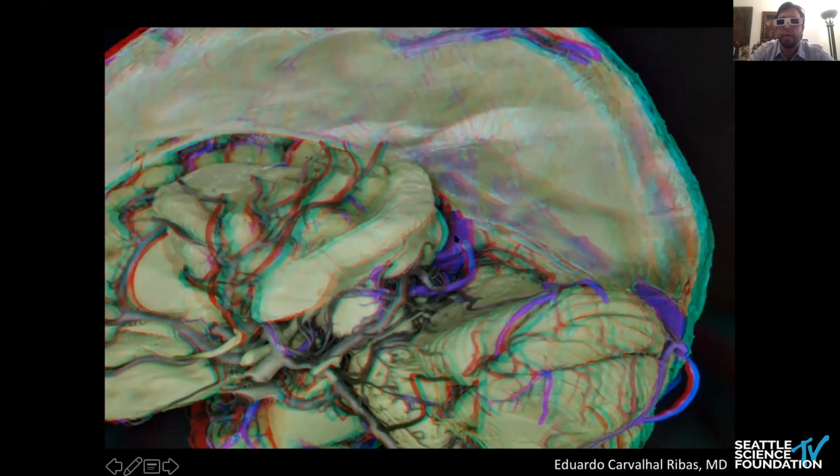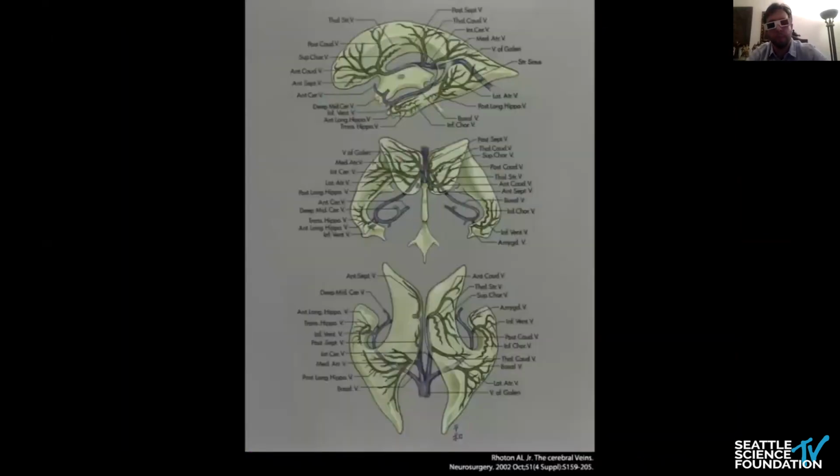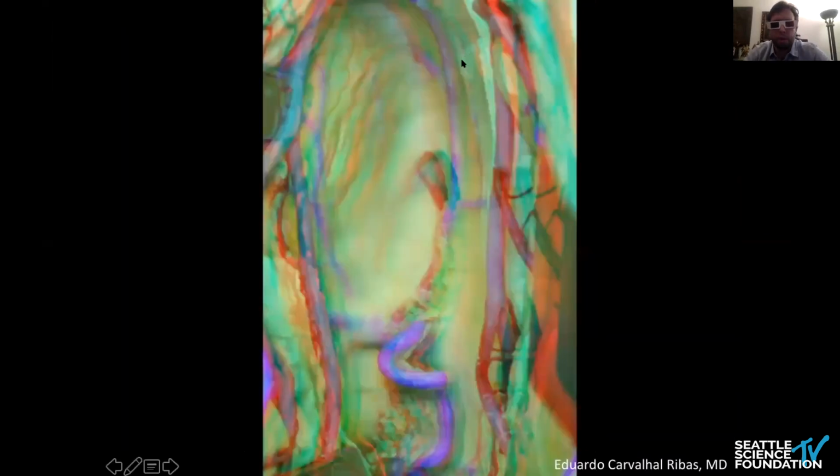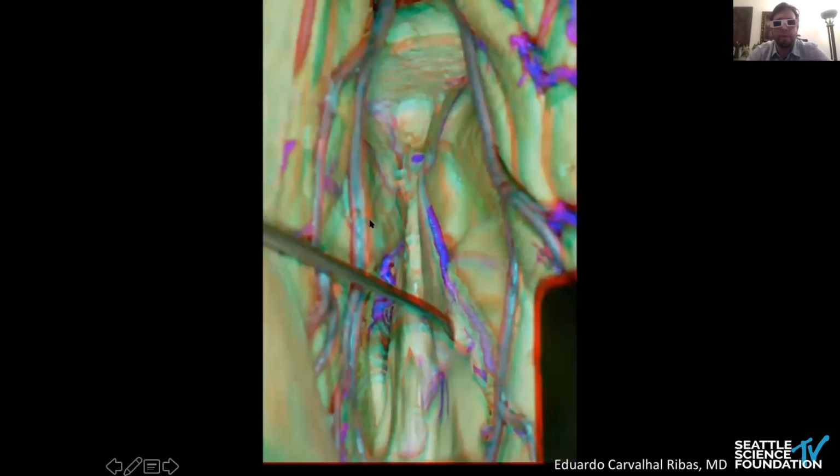And then the great vein of Galen will open itself into the straight sinus, and the straight sinus will reach the torcula.